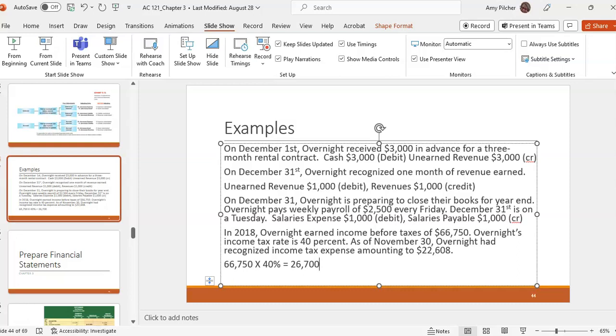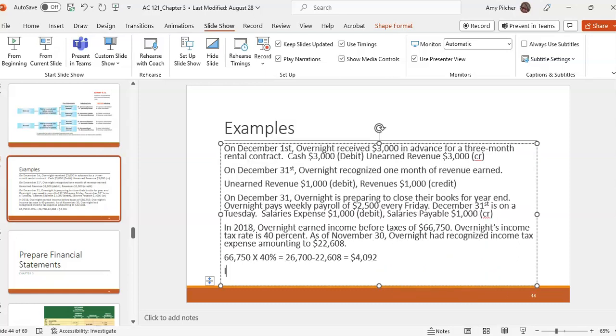We've already accrued $22,608 of that. So now we need to subtract 22,608, which equals 4,092.